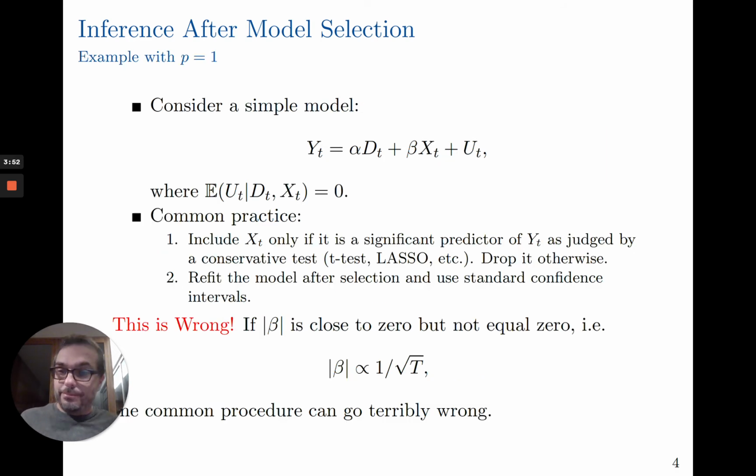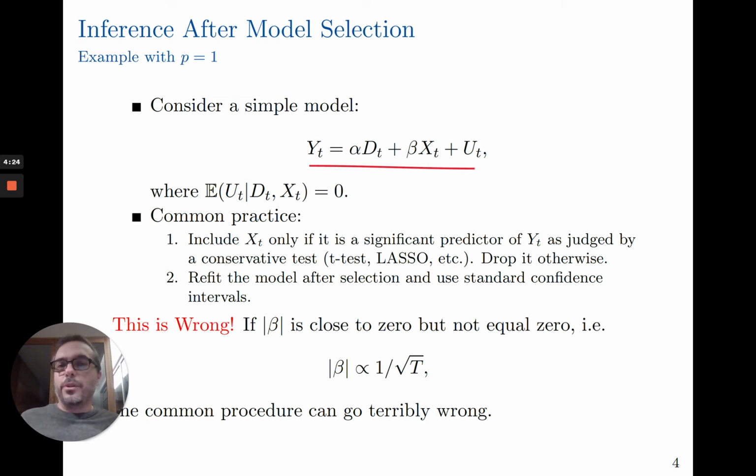So to illustrate, let's go to very low dimension. Let's set p equal to 1, and consider a bivariate regression. We have two regressors, d and x. d is our variable of interest. We want to measure alpha and test hypotheses with respect to alpha, and x is just a control variable with a coefficient beta.